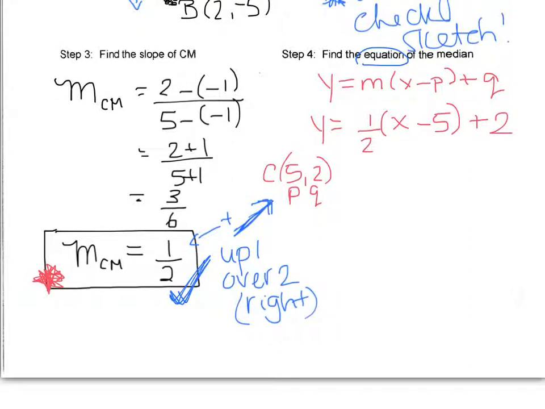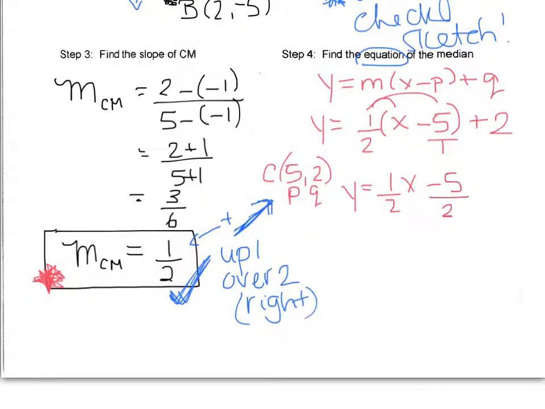When you distribute the 1/2 slope into that bracket, you're going to have to multiply a fraction by a whole number. So y equals 1/2 x stays the same, and we're going to multiply the 1/2 by the -5 over 1. If we were able to reduce, if that were a 4 instead of a 5, we could cancel things out and make life a little easier. But because we can't reduce, we're just going to multiply the top times the top and the bottom times the bottom.